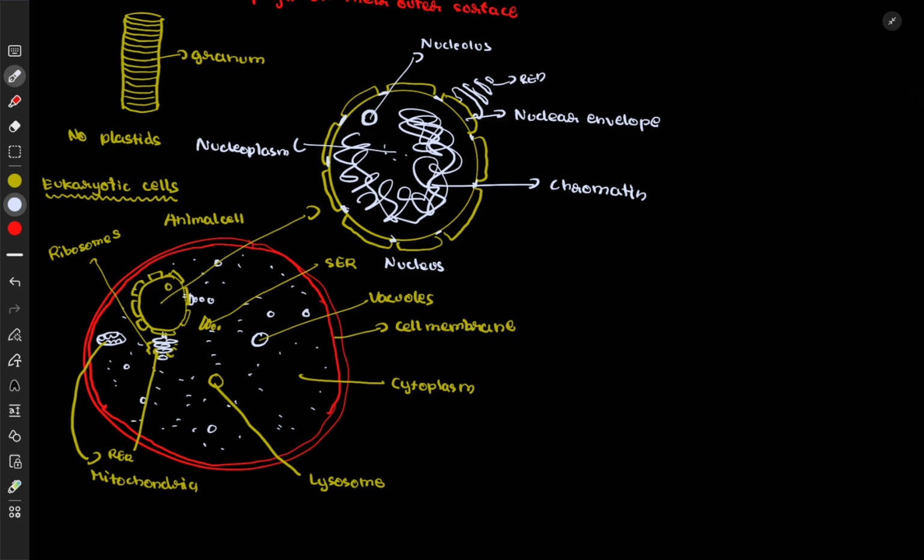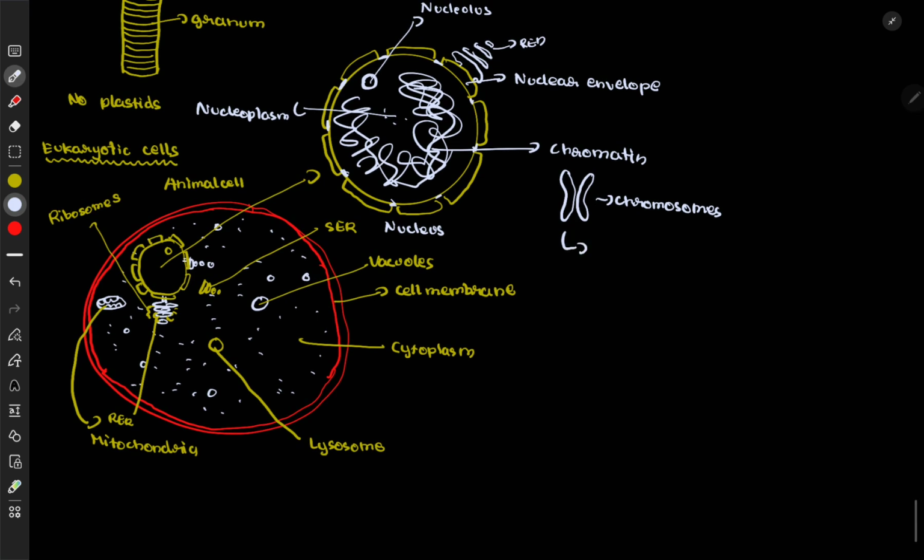Chromatin is basically like, for a very young cell, all of the genetic material is raw and thread-like, so it's not organized. Now when it gets organized, it gets formed into things called chromosomes. They condense basically during cell division. All of these chromosomes contain DNA.